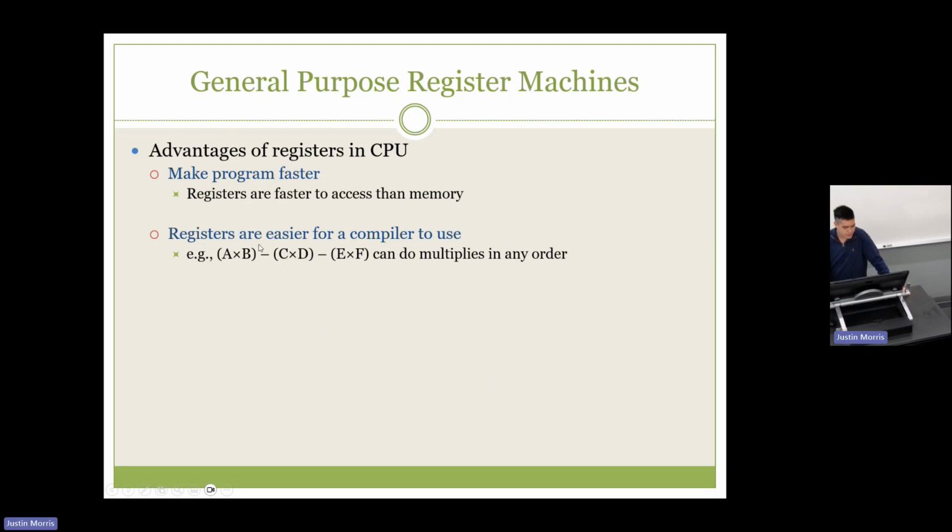The other thing is registers are a lot easier for the compiler to use. There is a finite number of registers, and there is also a finite number of memory locations, but it is quite a lot larger than the number of registers, so it's easier for the compiler to optimize.